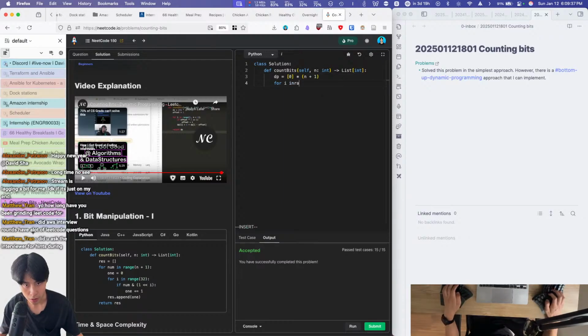For I in range of n, now we want to go from 1 to n plus 1. We're going to say that we got to keep an offset, which is going to start from 0 to begin with.